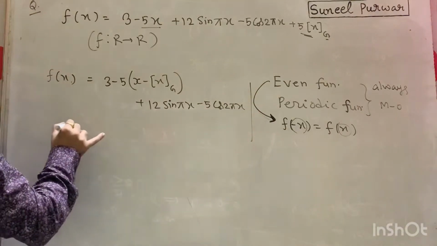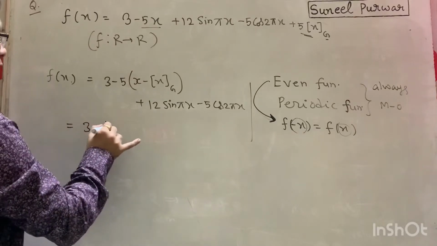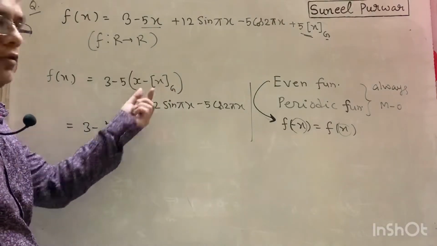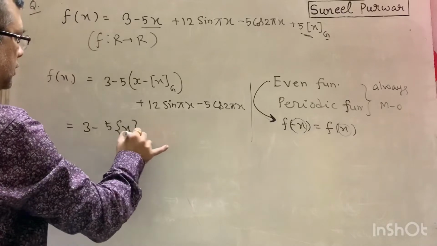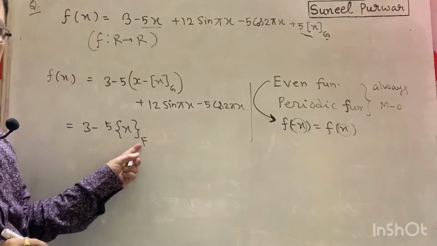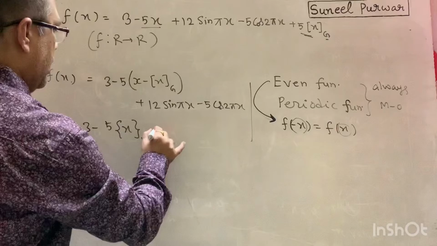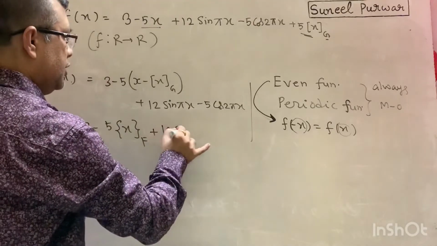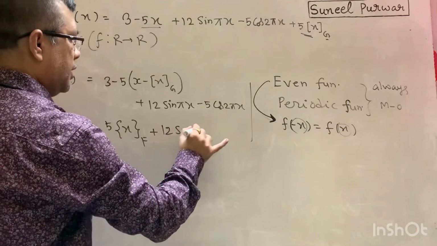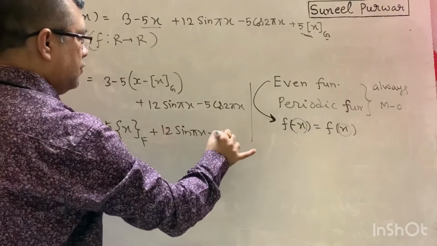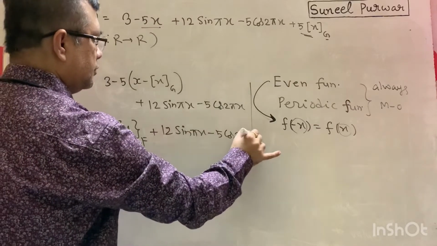So f of x is equal to 3 minus 5 times the fractional part of x, and this is without any change, 12 sine pi x minus 5 cos 2 pi x.